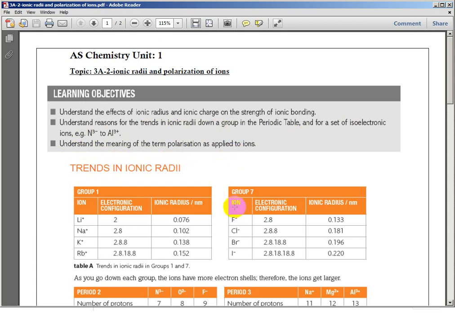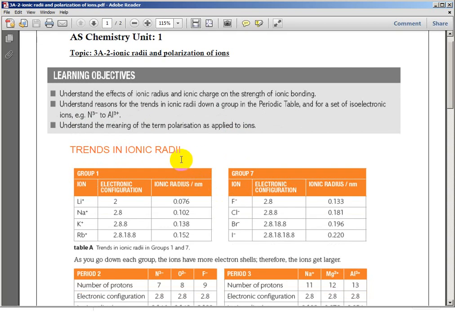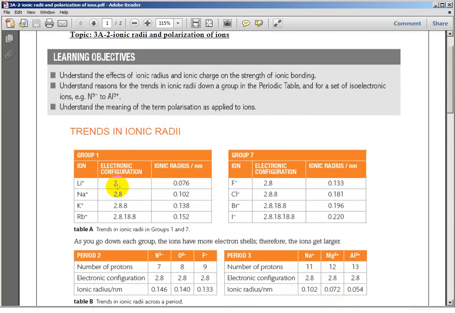Okay, look at the trend in ionic radius. Radius is singular, radii is plural. Look at the group 1 elements: lithium, sodium, potassium, rubidium. Lithium has 3 electrons, so when it loses 1 electron it has 2 electrons. Sodium has 11 electrons, 2, 8, 1.